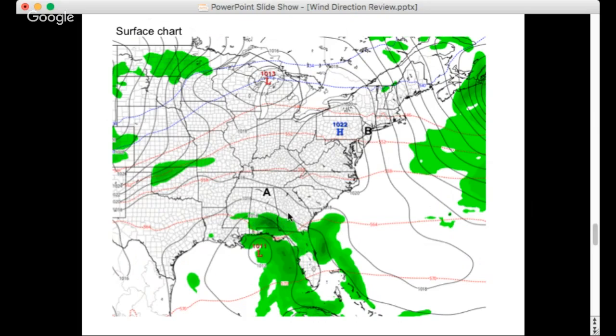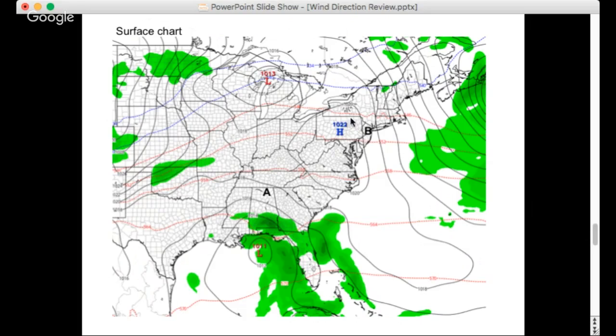That means that the mean flow coming up over Georgia and Alabama and Mississippi is primarily out of the southeast. Now, because the effects of friction have to be taken into account, we're going to tilt the winds 30 degrees inwards towards low pressure. So this southeast wind is really an easterly wind coming in over this region. That would be the wind directions around this area of low pressure.